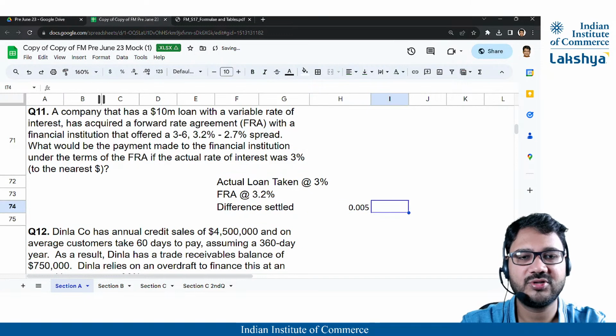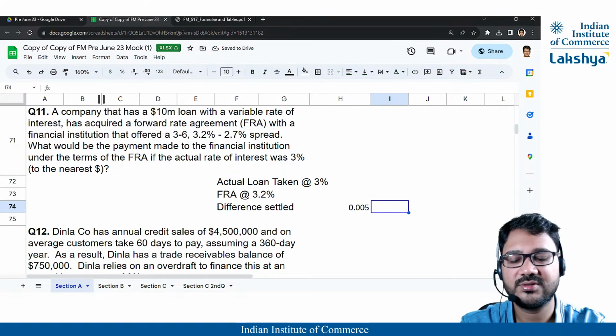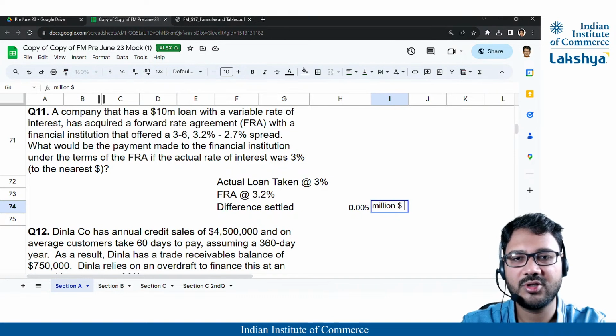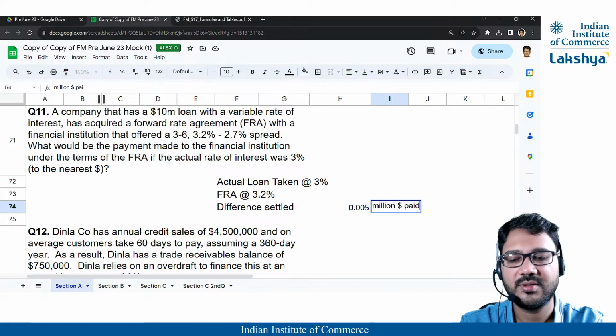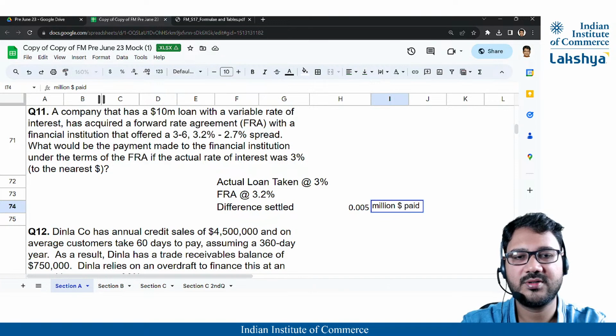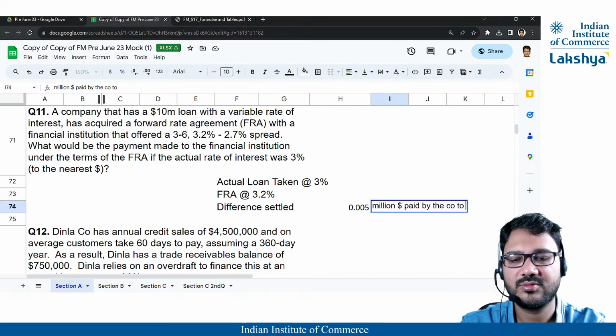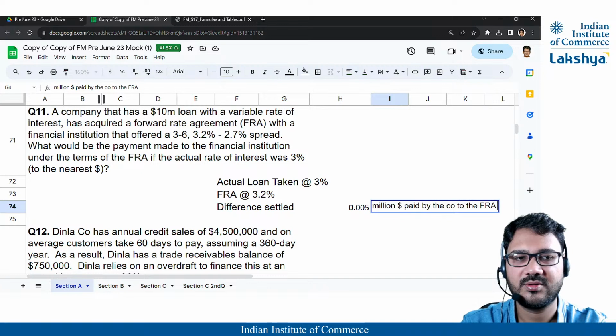So these many, $1 million, paid by the company to the FRA agent, we can call it.